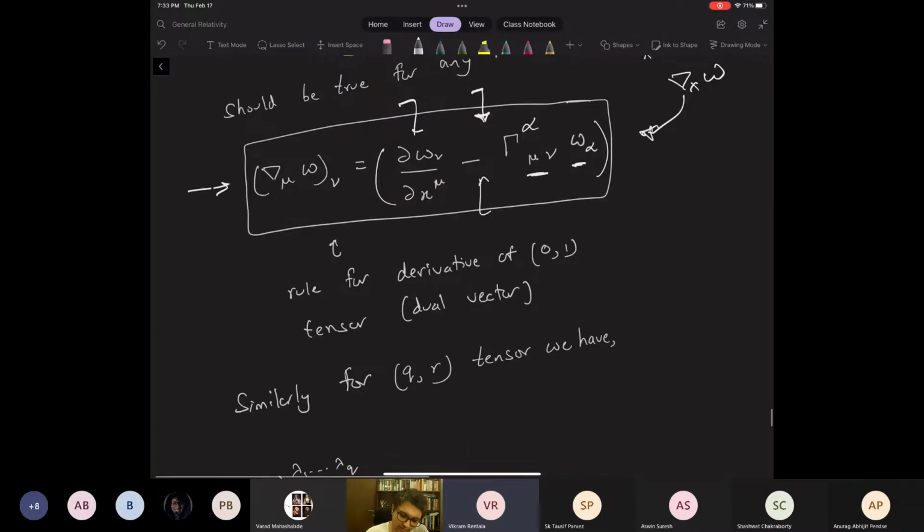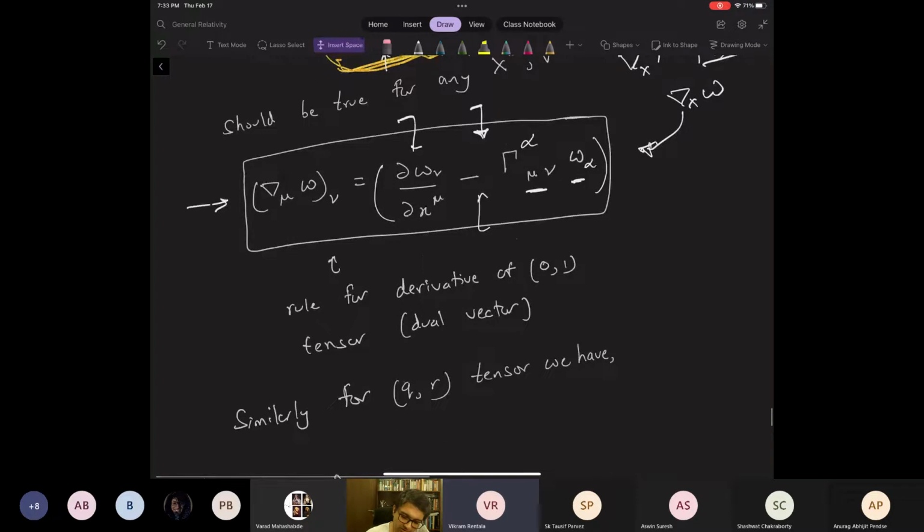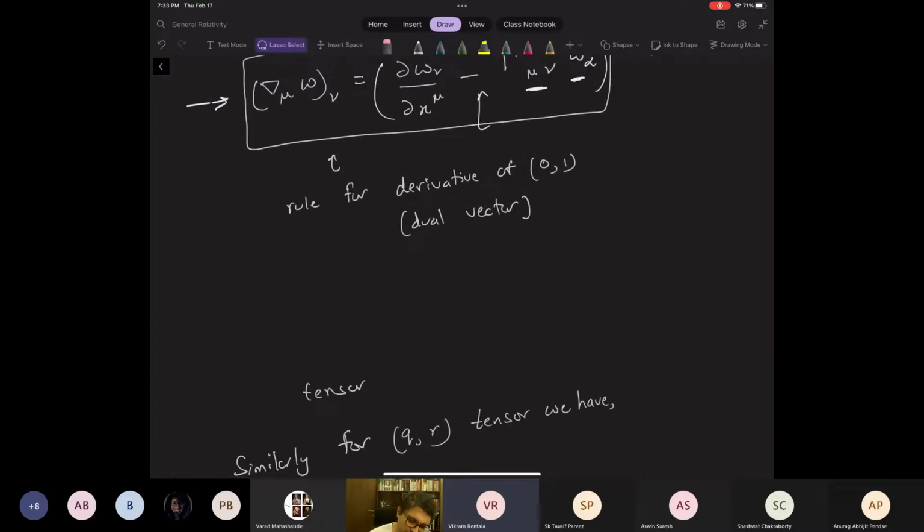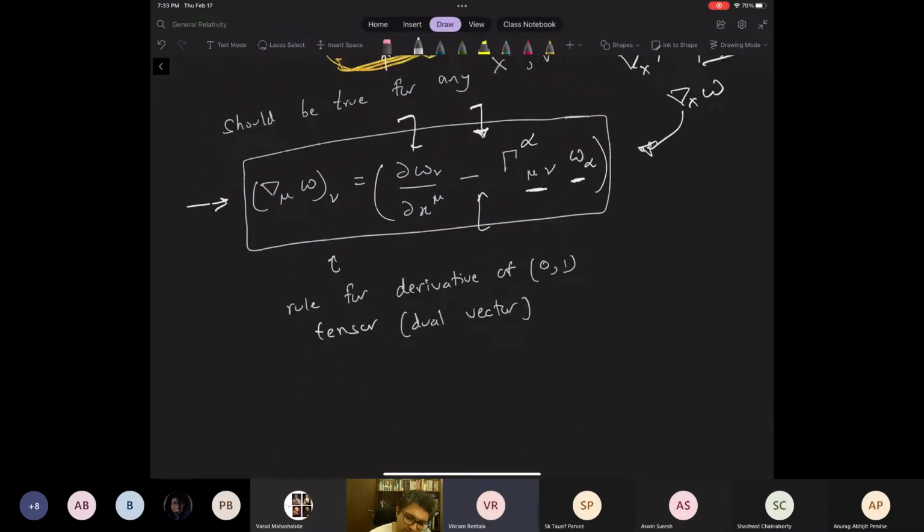Versus, let me just write down again the rule for a vector. For a vector, the rule was you had gradient of mu v. The nth component of this was partial v nu partial x mu plus gamma nu mu, let's say alpha, v alpha.